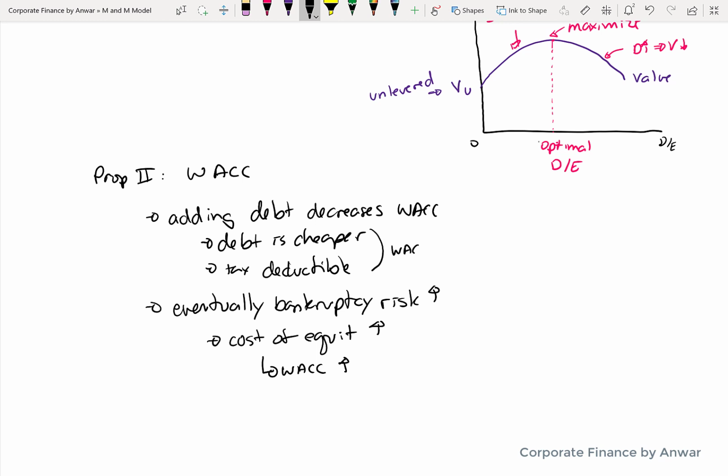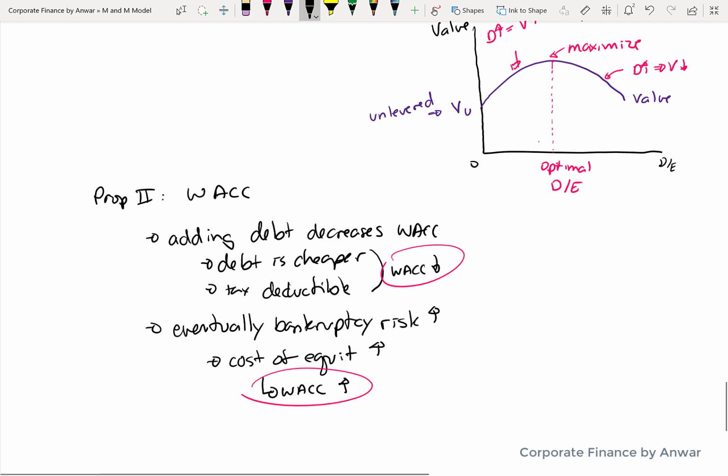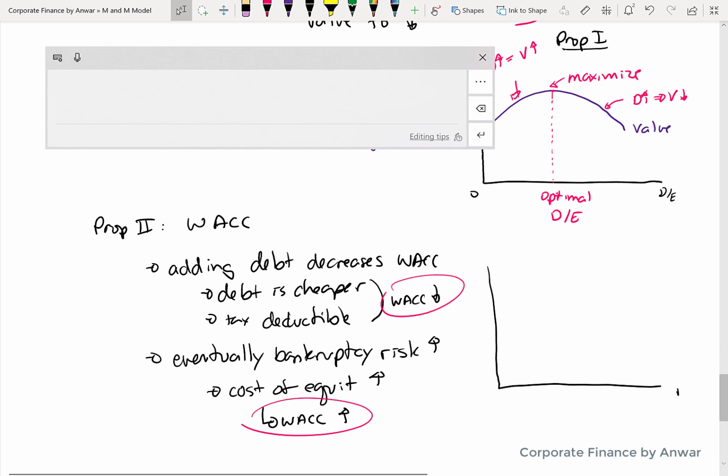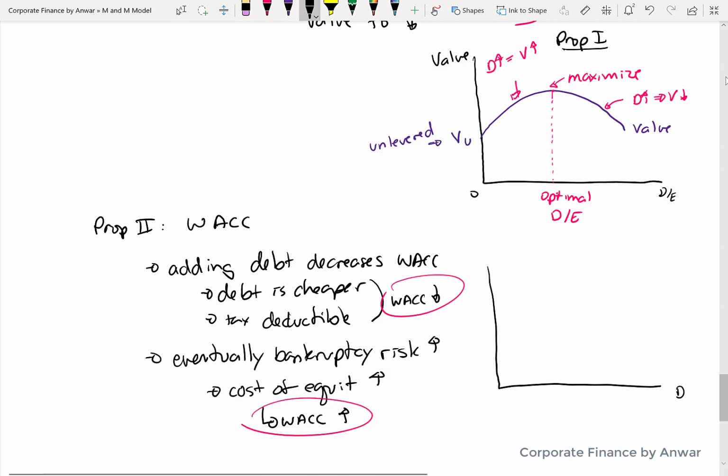And what you're going to see is if we draw this out, then eventually the optimal debt to equity ratio for a company has to be the same for proposition 1 and 2. So the debt to equity ratio that maximizes the value of the firm is also going to be the same debt to equity ratio that minimizes the cost of capital of the firm.